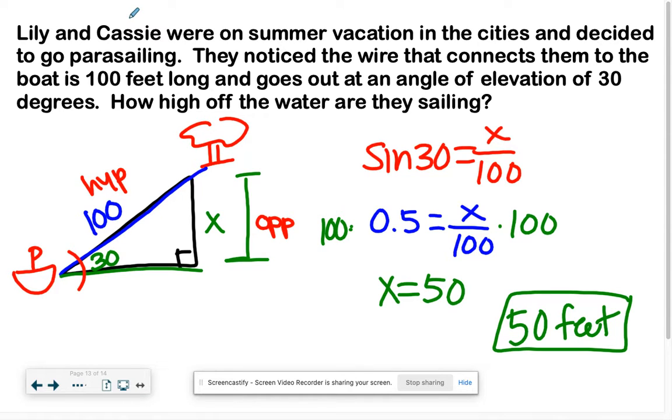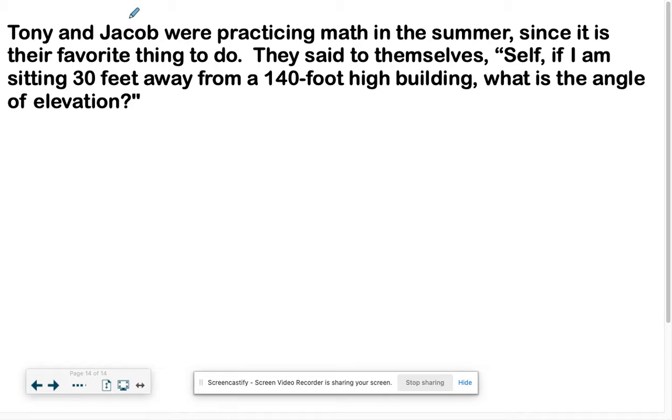Okay, last one here. It says Tony and Jacob were practicing math in the summer since it's their favorite thing to do. They said to themselves, self, if I'm sitting 30 feet away from a 140-foot building, what's the angle of elevation? Okay. So here's our right triangle.